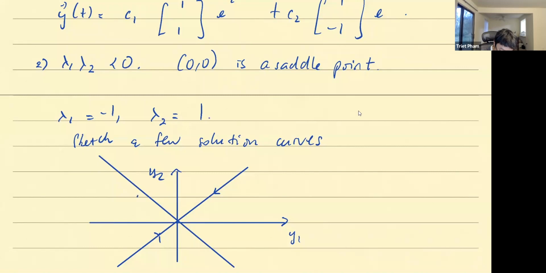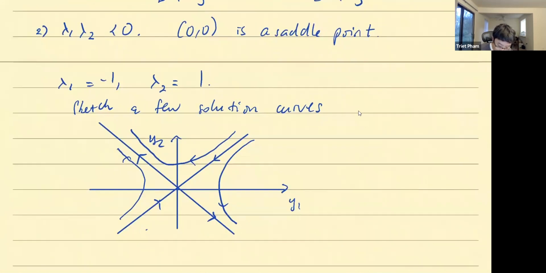Lambda 2 is 1, so it goes out on the V2. The solution curve here, I think, is clear. It kind of follows the arrow, like that. So here it's quite intuitive. We don't even need to argue things out that much. Should be like that. Is that okay?